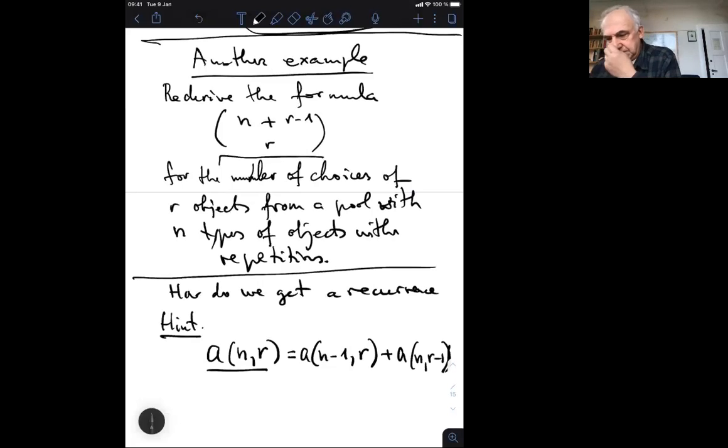Either there are no objects of the first type, and then we have n minus 1 types remaining, and we still need to choose our objects from among n minus 1 types with repetitions. So this is this contribution. Or we have an object of the first type. We're choosing this. Now we have one less object to choose, r minus 1, and we still can use all n types for that. And this gives us this second contribution. Okay, good.